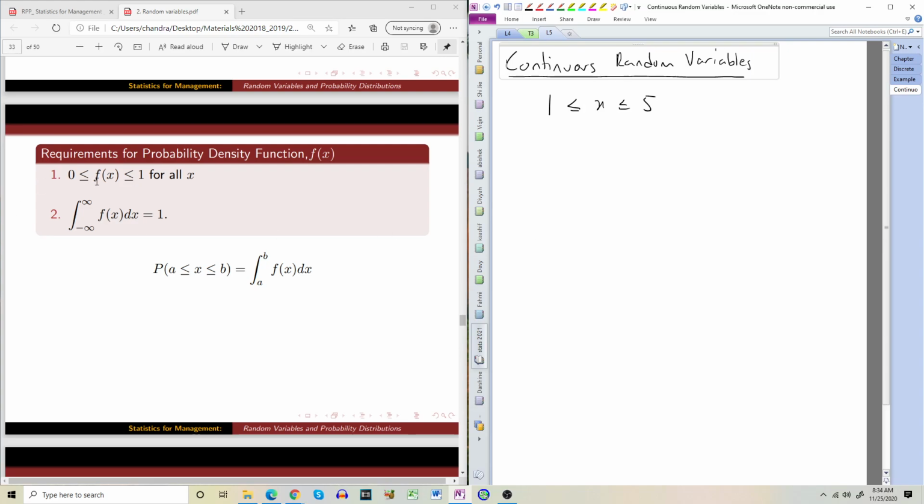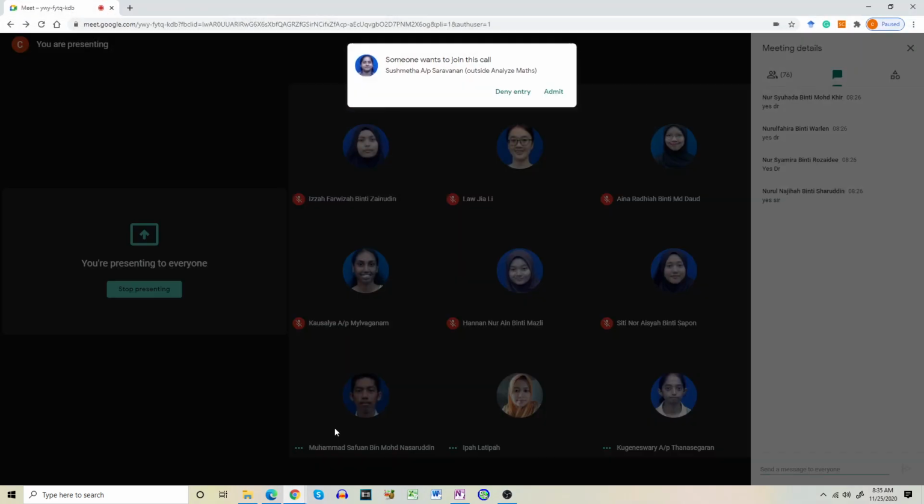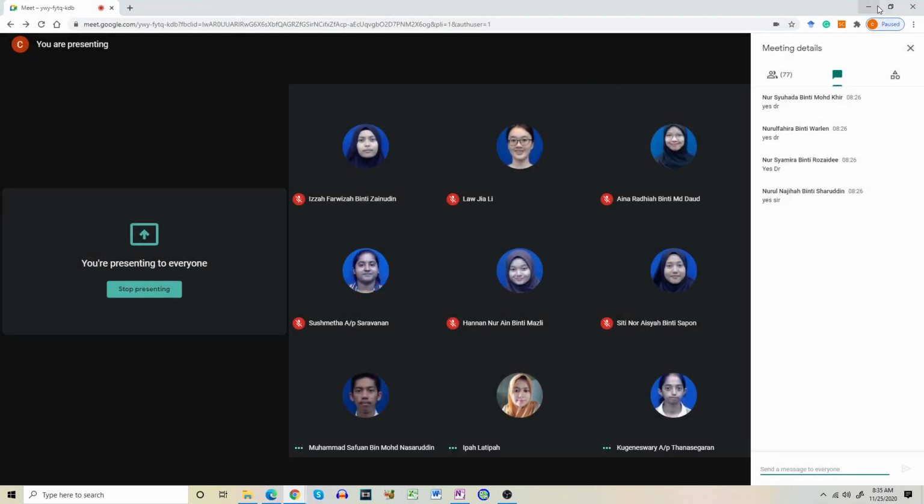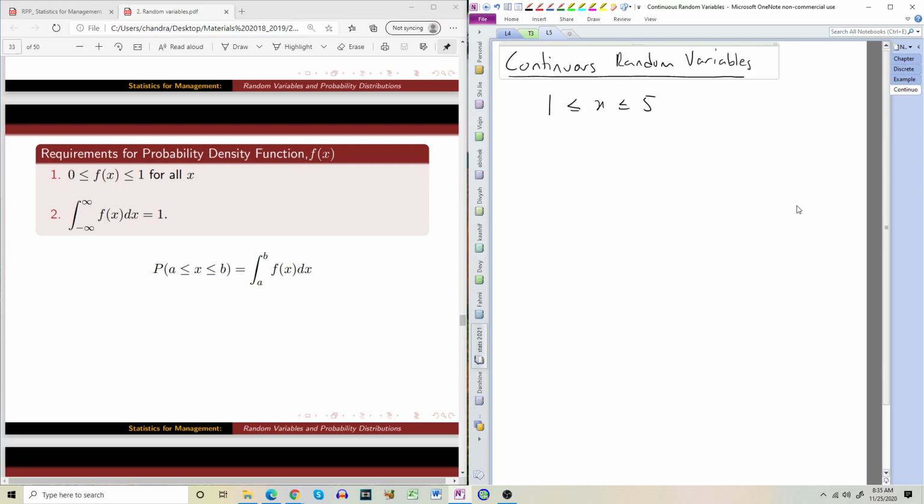The probability must be between 0 and 1. If you see the discrete case, the first condition is the probability must be between 0 and 1, and the summation, if you add all the probabilities, must equal 1. In here, for the probability density function, you guys must know basic integration. Hope you guys still remember the integration we learned in maths.